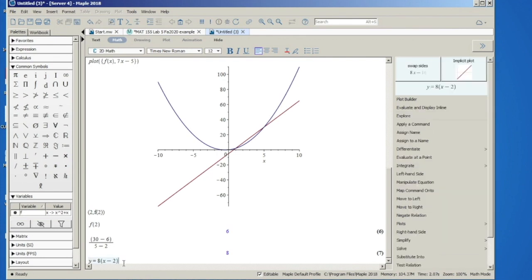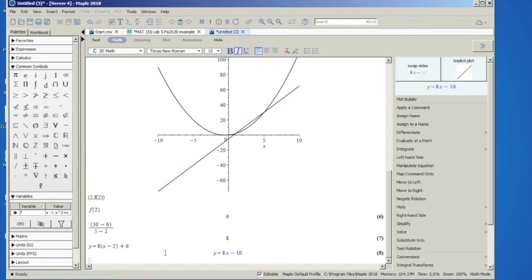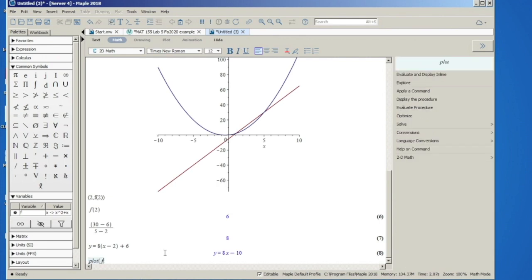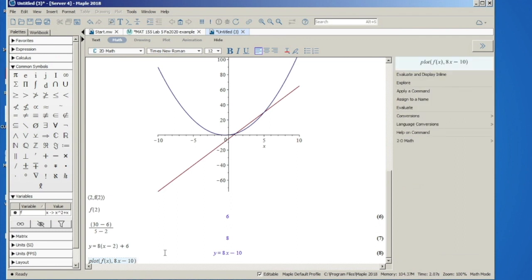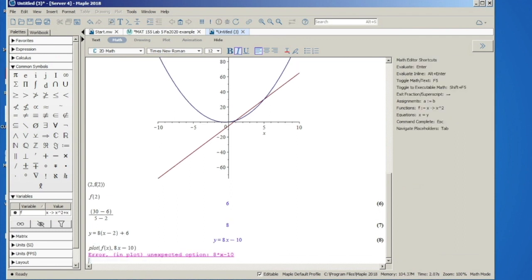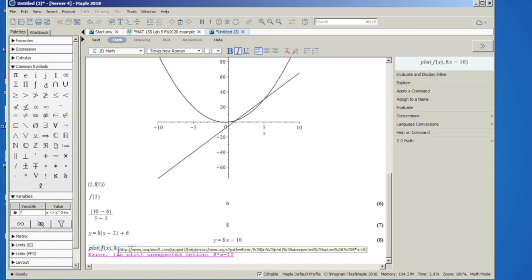So this is actually a plus 6. So I get y equals 8x minus 10. So again, we will plot f of x and 8x minus 10. Whoops, I do not have the brackets.